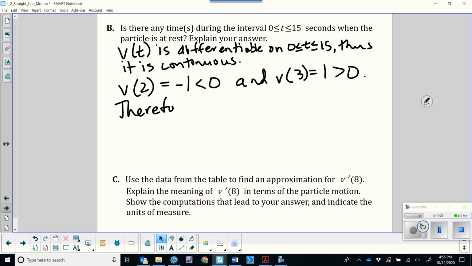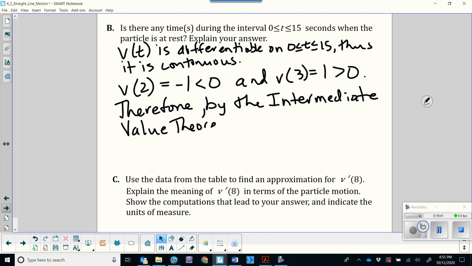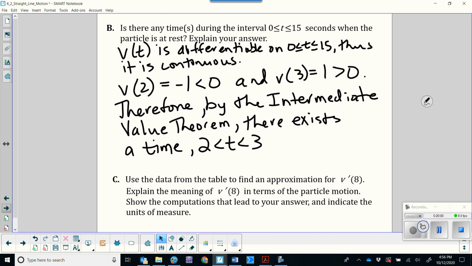Therefore, by the intermediate value theorem, there exists a time t between 2 and 3 such that v of t equals 0. Thus, the particle would be at rest.